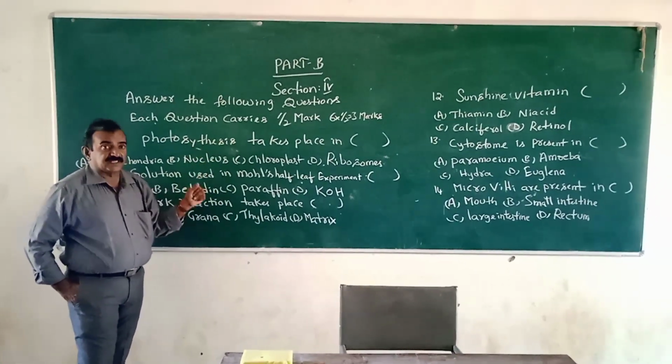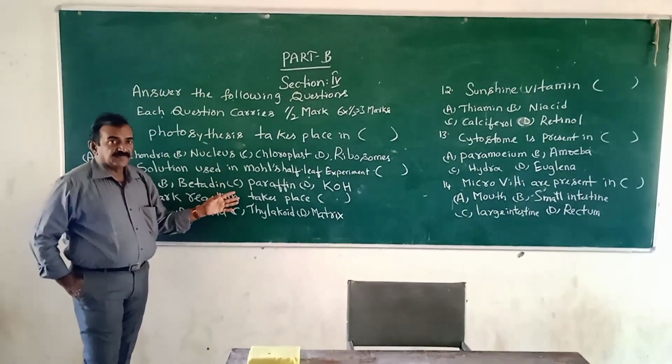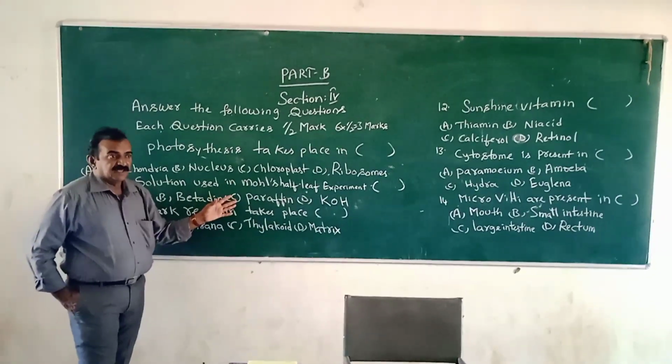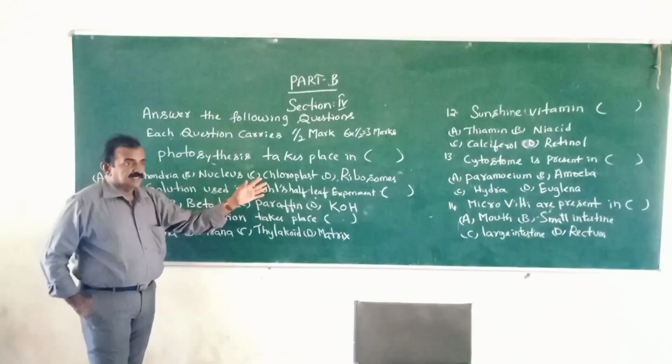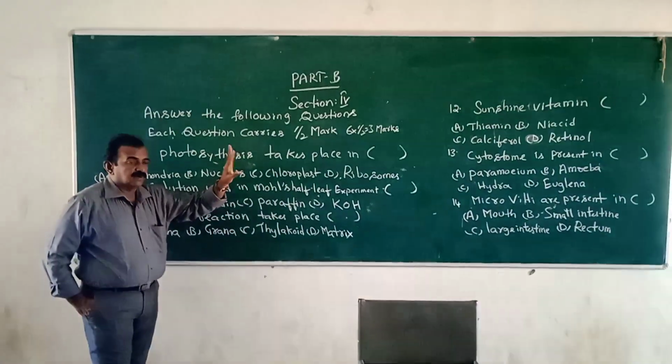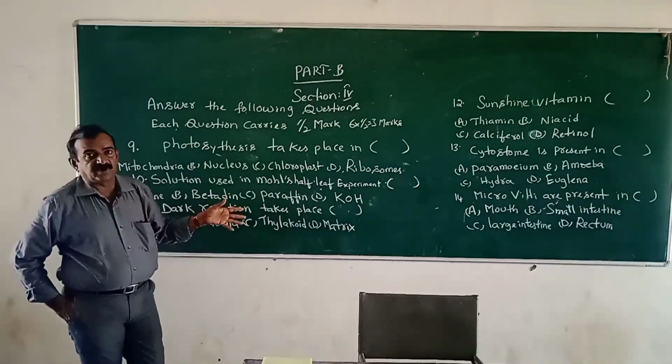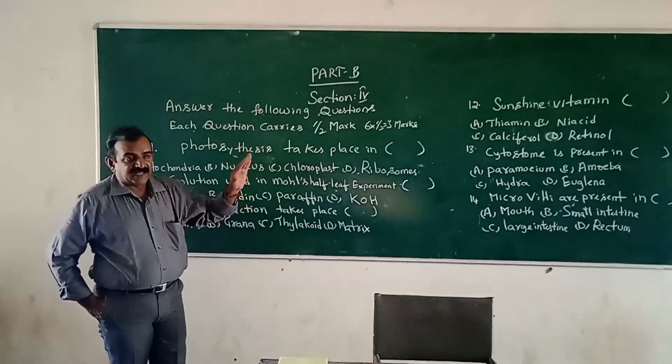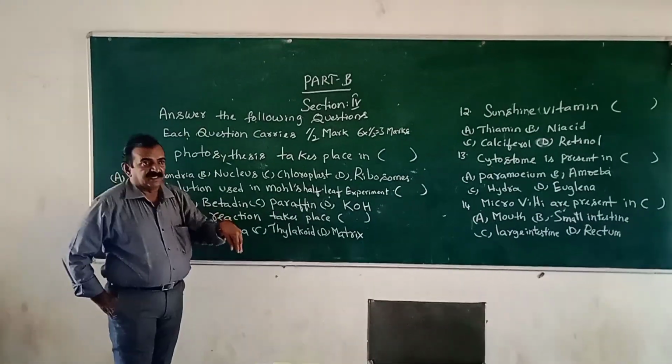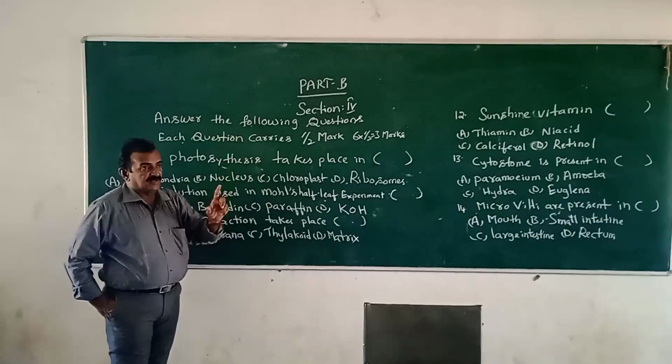And part B, section 4: how many bits are there? 6 bits, each bit carrying half a mark, total 3 marks. Total formative marks: 20. So that is a brief description about the formative assessment. This paper I designed from the first unit, nutrition.